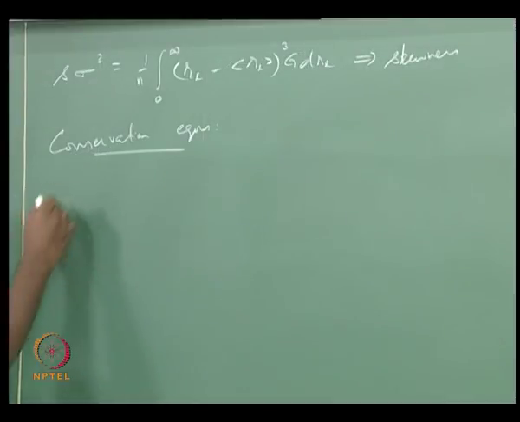Here we want to now define rho f as the mass of the gaseous mixture per unit volume of the two-phase mixture.